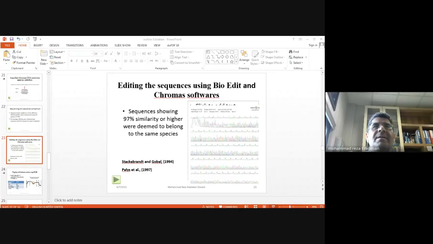In the next step, after sequencing, we have another typing method, which is called rep-PCR, or repetitive PCR. This technique is used for typing of isolates. As you can see, we have only one primer here, which is called BOXA2R.